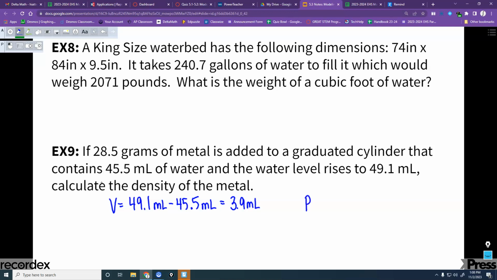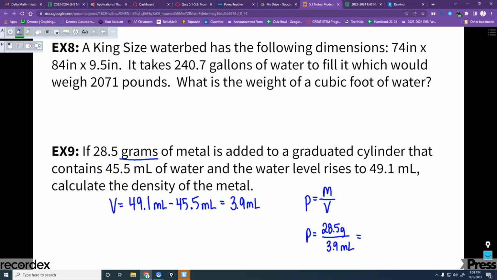And then for our density, in science they use this P for density, I don't know why, is our mass over our volume. So the mass is in grams, right? It's important to know those units so you know which one is mass and which one is volume. So 28.5 grams divided by 3.9 milliliters.